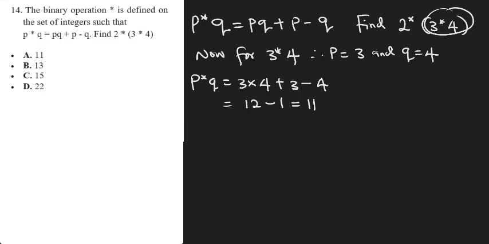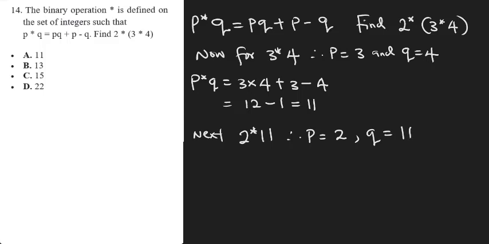So now the next one is going to be 2 asterisk 11, no more 3 and 4, because we've already solved this one to be 11. So if that's the case, p will be 2 and q will now be 11, right? So let's substitute it.